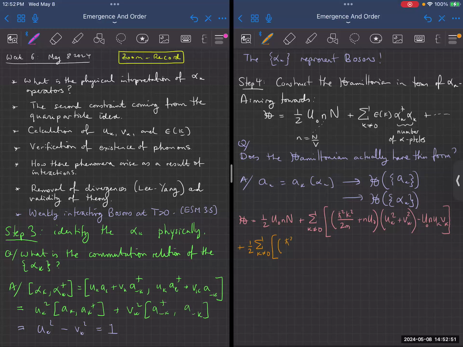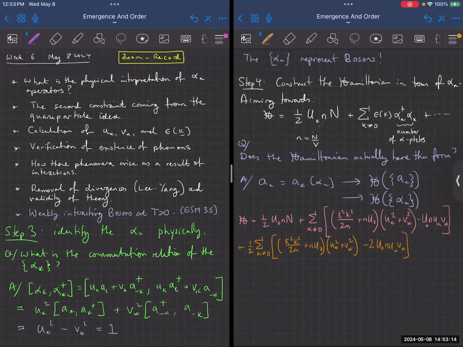Okay, it's ħ²k² over 2m plus n u naught, times uk squared plus vk squared, minus 2 u naught n uk vk.